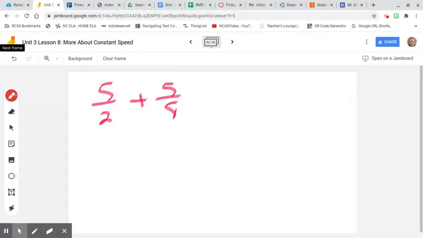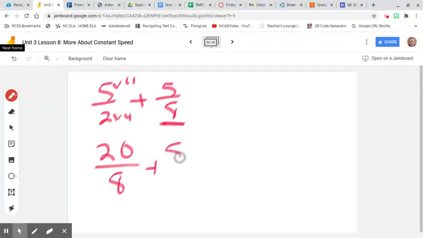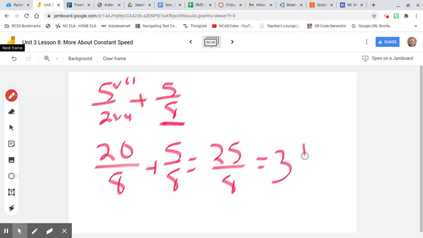And we've got to get a common denominator. Well, 8 is the common denominator, so that means we multiply 2 times 4 and 5 times 4. So we get 20/8 plus 5/8. So we get 25/8. 8 goes into 25 3 times because 8 times 3 is 24 with 1 left over, 3 and 1/8.